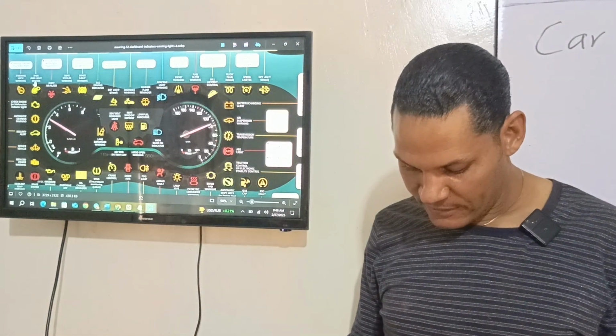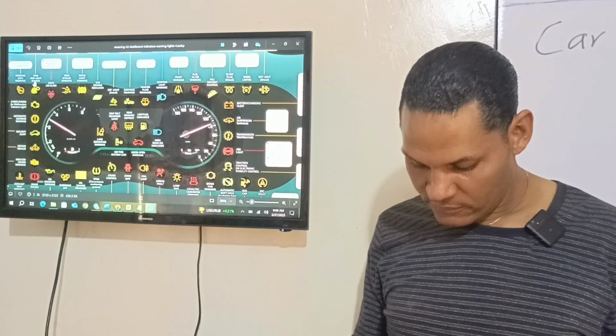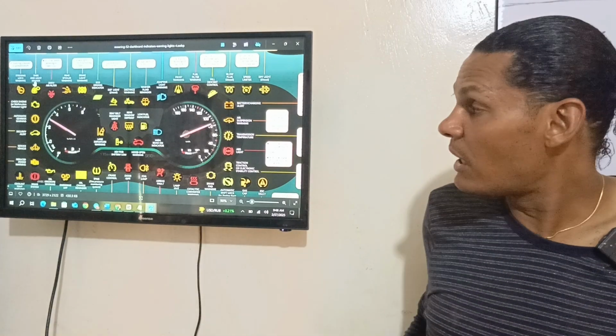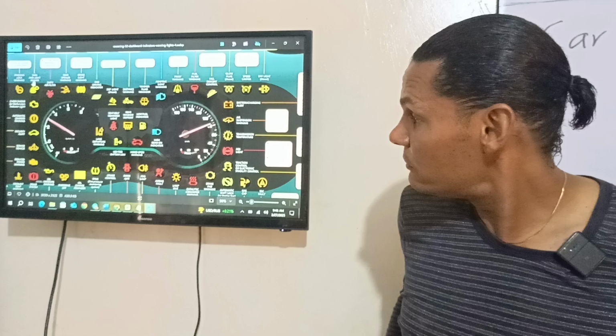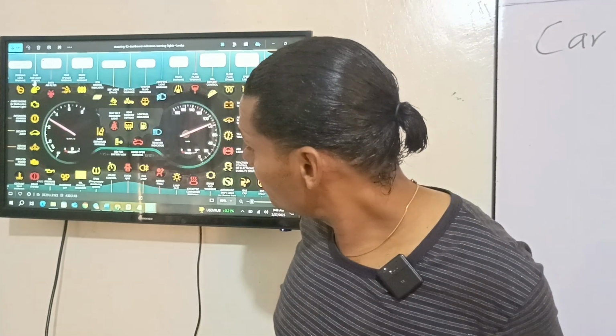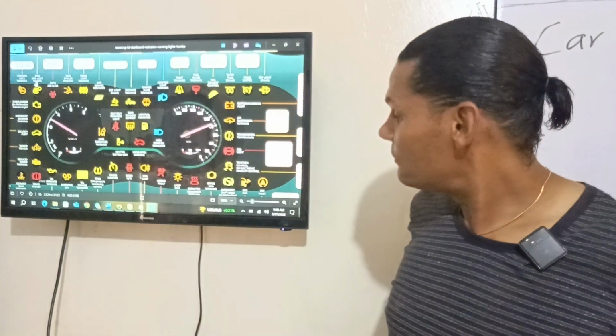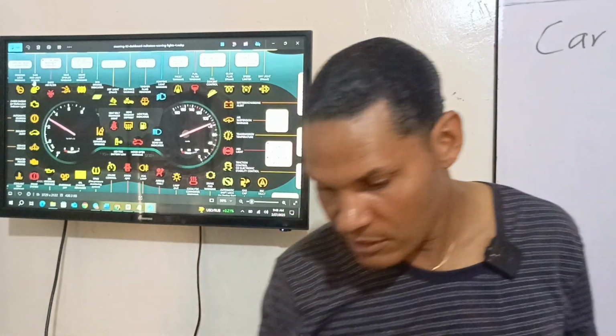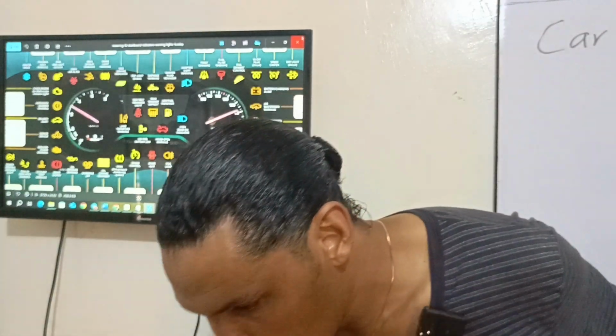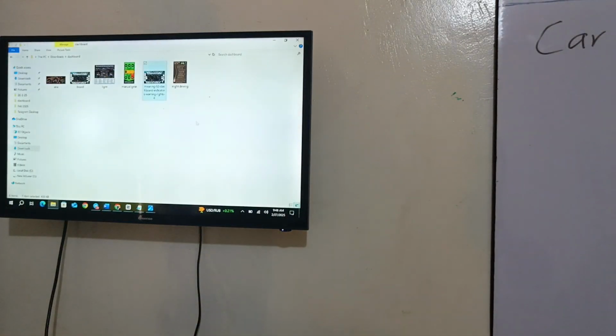We have now what? Indicator functioning. We call it trafficator. They don't draw them here. Let me see in the other illustrations.